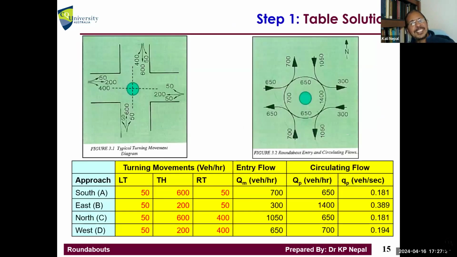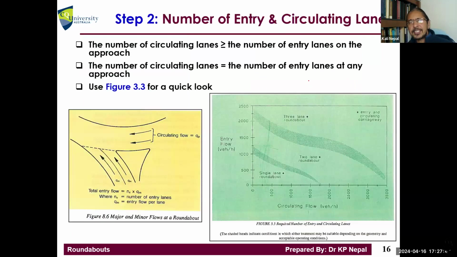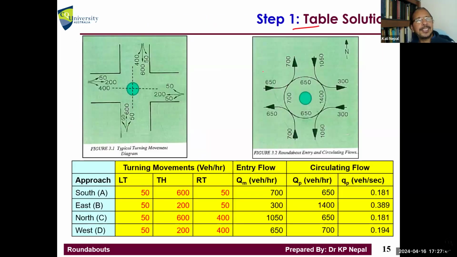Okay, so let's follow the steps. Step 1. I have developed the table solution. Please use the formula and then put the values in the table in your assignment. So first is step 1. I just collected the data. How I did that is here.